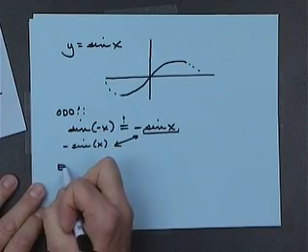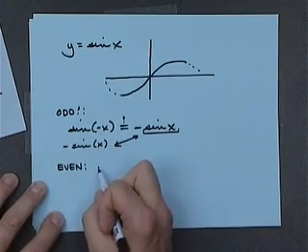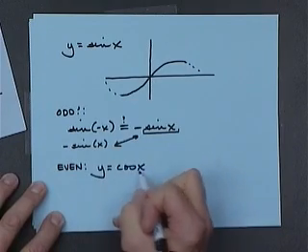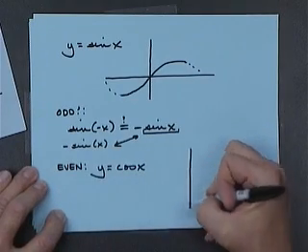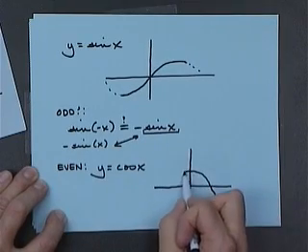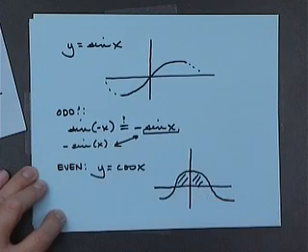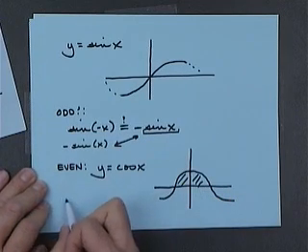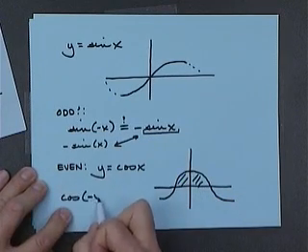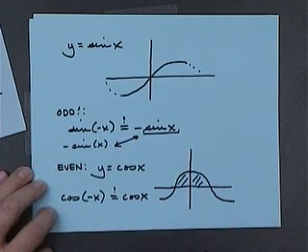What's an even function? Cosine is even. And you can do that from the graph. We've got our cosine graph that has this type of symmetry going on. This region and this region are the same. Is the cosine of negative x exactly the same as the cosine of x?